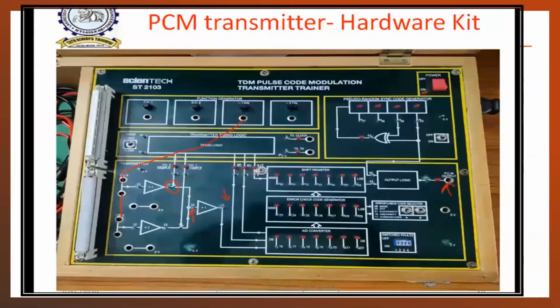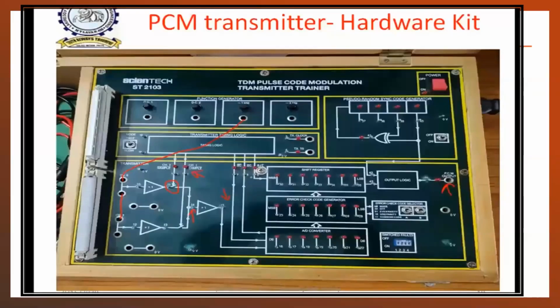If you observe this PCM output on the CRO, the bit sequence of binary ones and zeros is converted into an electrical waveform. Is that clear? In this way, we can convert an analog signal into a sampled signal, a quantized signal, and then a digital signal. Also, where the clock pulse is, this is where we can observe the sampling clock.